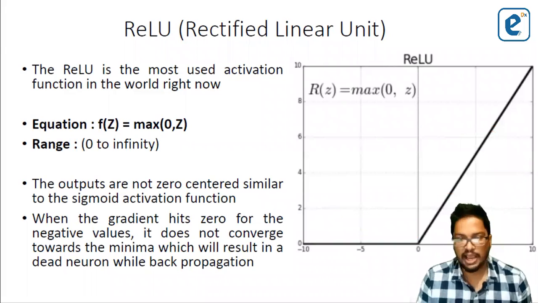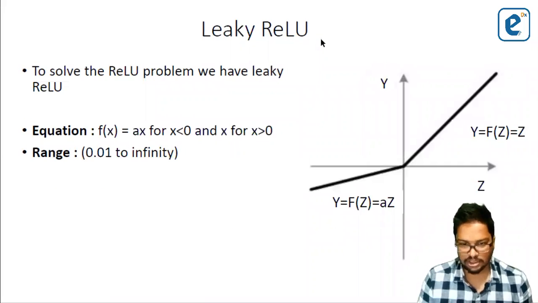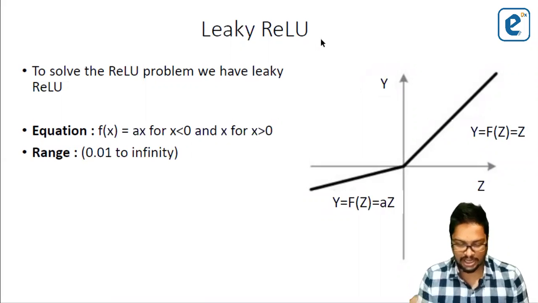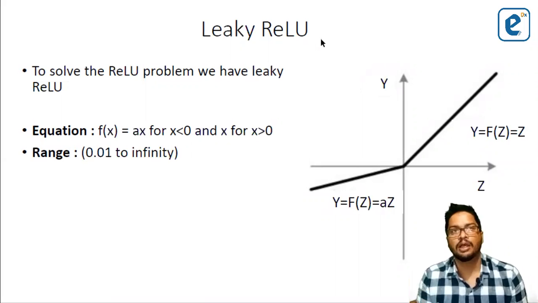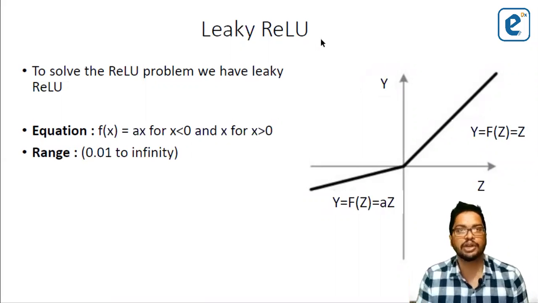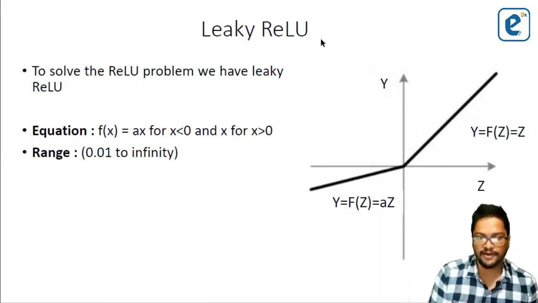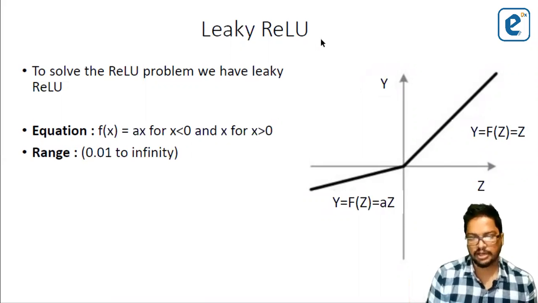The next type is Leaky ReLU. In ReLU, the rectified linear unit, we have some other adapted versions as well. Leaky ReLU is one of them, and we have PReLU, the parameterized ReLU, and the exponential linear unit. Likewise, we have several modified versions of ReLU, but I'm not going to discuss everything.